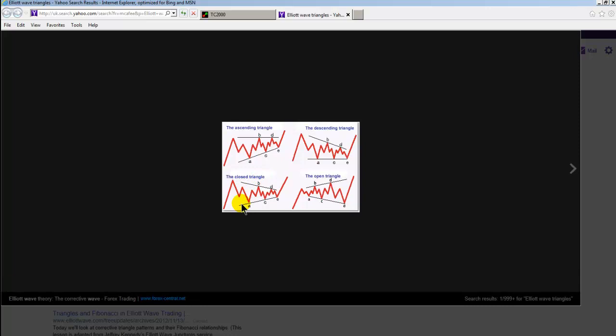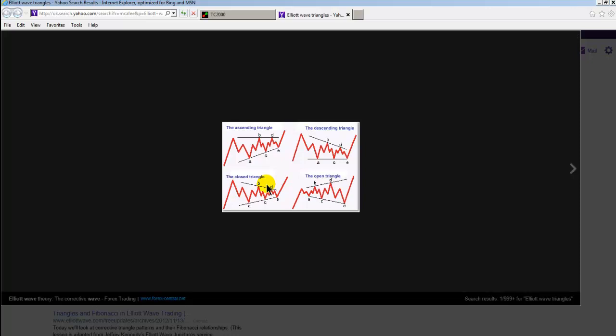It's also called a closed triangle. So contracting is contracting. In this case, we have higher lows and we have lower tops. This is a contracting triangle. Higher lows and lower tops is contracting.